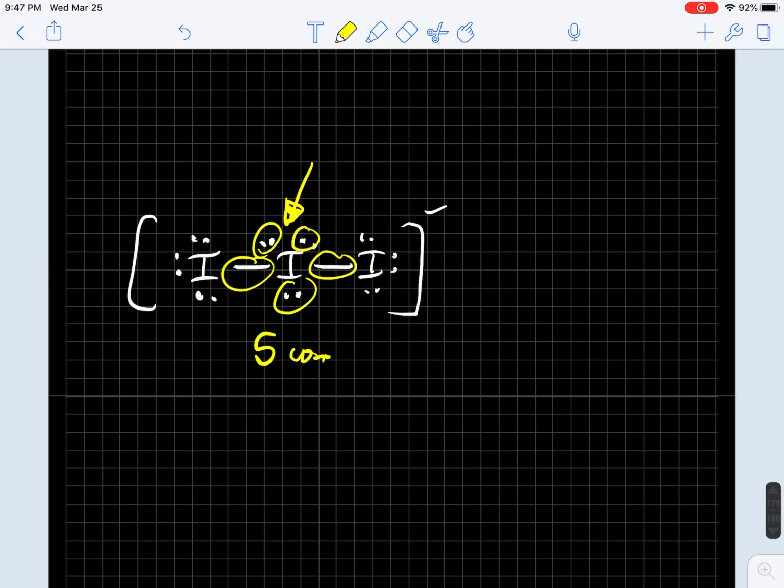That's 5 components. And whenever you're dealing with 5 components, the best way to spread them out is trigonal bipyramidal. I spelled bipyramidal wrong.